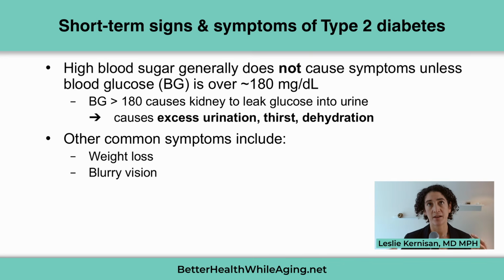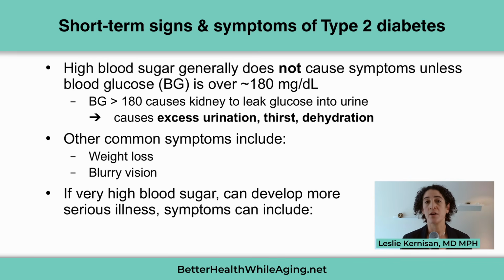That is because when the glucose levels are too high, it can make changes, basically osmotically, to certain fluid spaces in the body, including in the eye, and that can cause blurry vision. Then people can also develop even more serious symptoms if their blood sugar is even higher. Type 2 diabetics usually need their blood sugar to get really quite high, in the range of 500 or 600 or more, to develop these very serious symptoms.